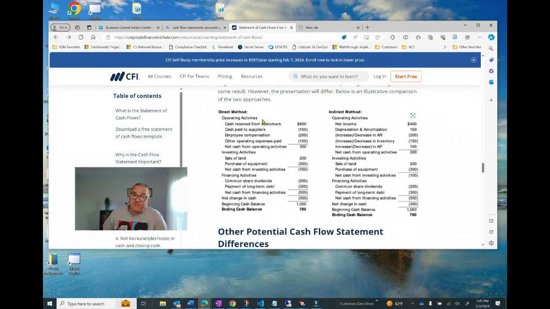Operating activities refers to the core area of activity for the company. So let's say we're buying t-shirts and selling them to customers. We're buying them from suppliers of t-shirts and we sell them to customers through different channels.